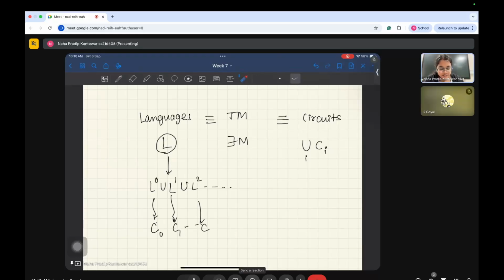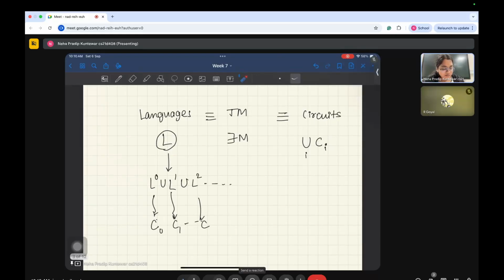Okay. So when we say that we have this collection of circuits, we only want the description. For example, even for a machine, we are not actually going to run it; we only want the description of the machine. So it is enough to just give the description of the circuit.